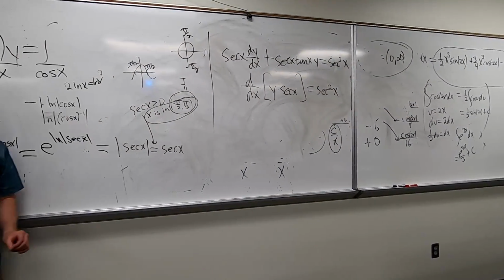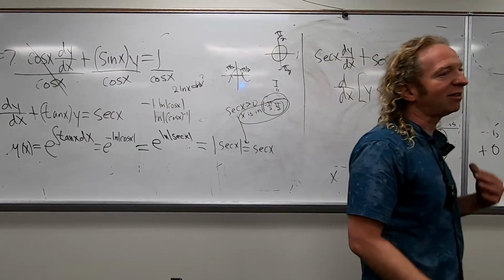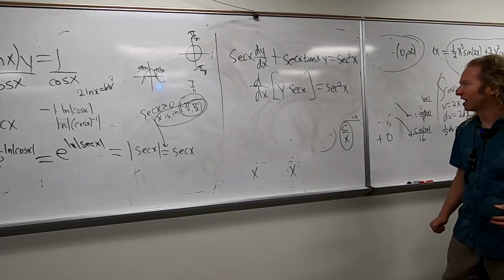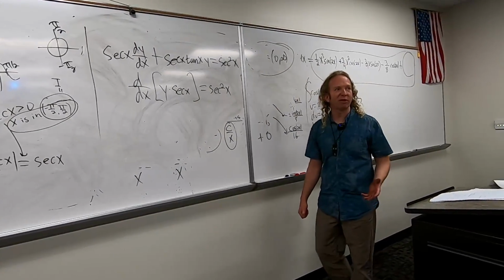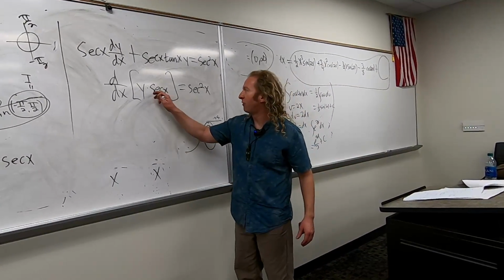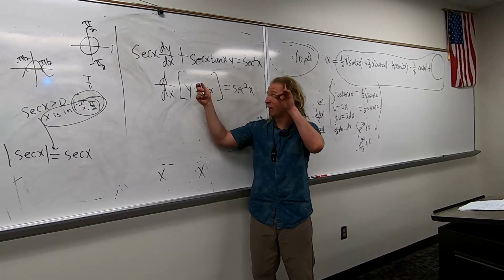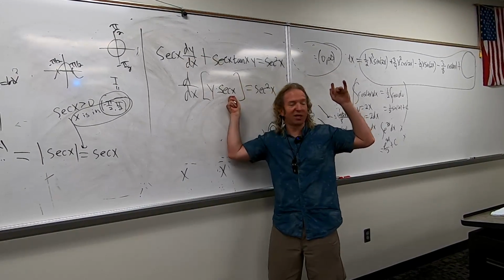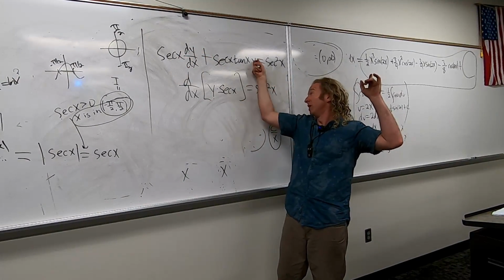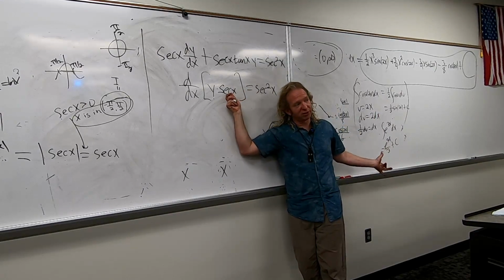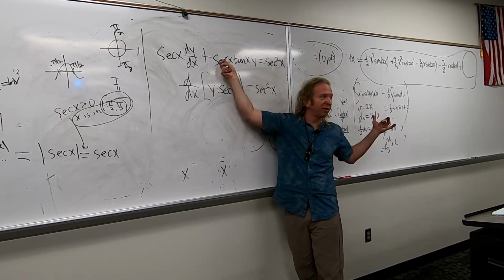It's always that, okay? It always should be. I haven't even checked it yet. Why? Because I haven't thought about it yet. But I should probably think about it because we have 30 seconds. The derivative of the first times the second plus the first times the derivative of secant, which is secant tangent.